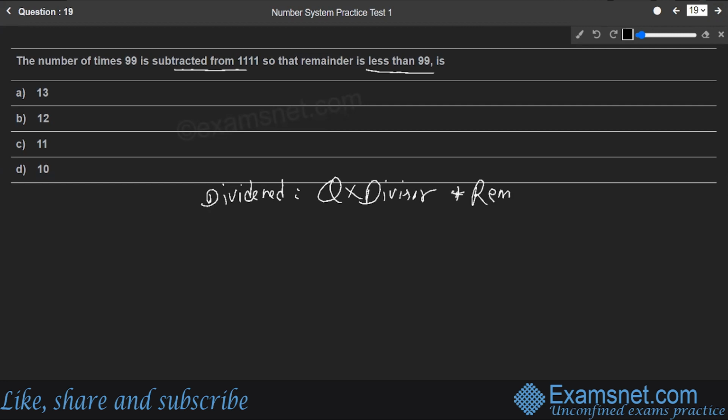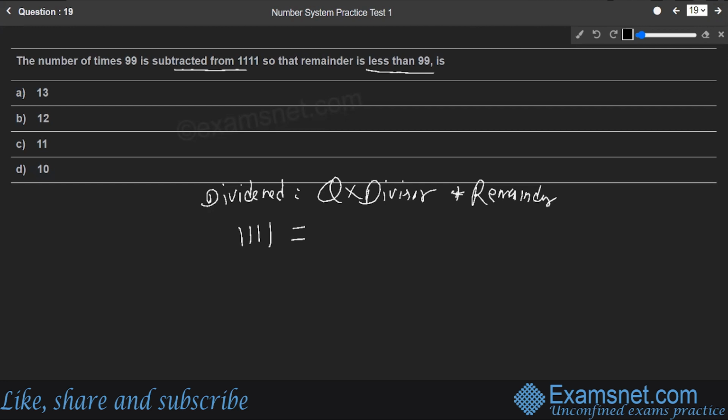Clearly 1111 is the dividend. 99 is subtracted, so that means 99 is continuously getting subtracted. See, division is nothing but continuous subtraction. Sequential and continuous subtraction is division. Sequential and continuous addition of the same number is actually multiplication.